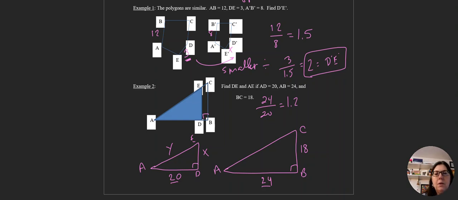Now to find x, we're going smaller, so we're actually going to do 18 divided by 1.2, because those are in the same location. 18 divided by 1.2 tells us that this DE is 15 units. Don't know exactly what they are, but it's 15 units.